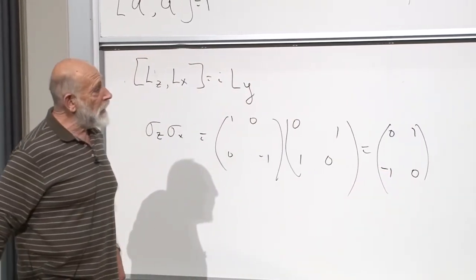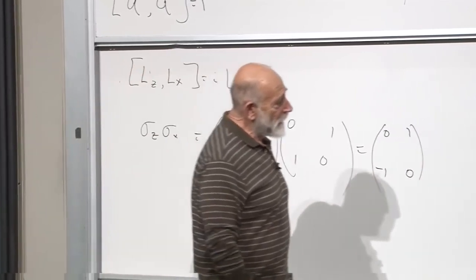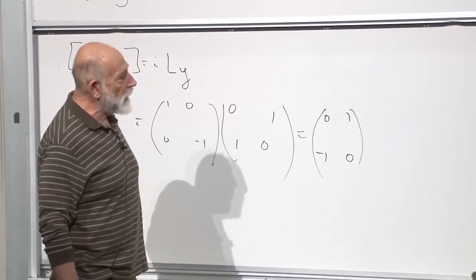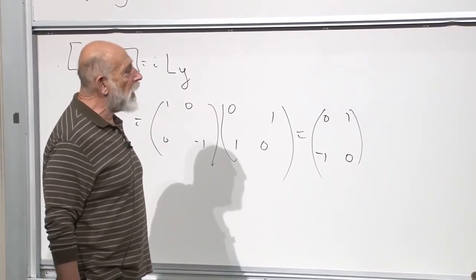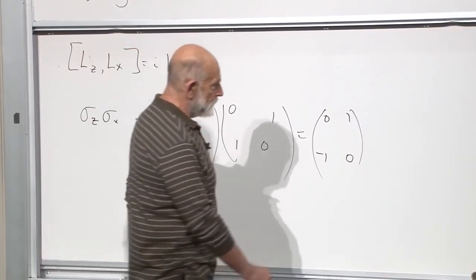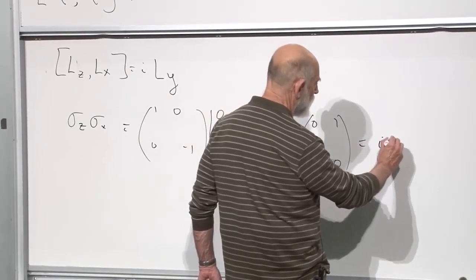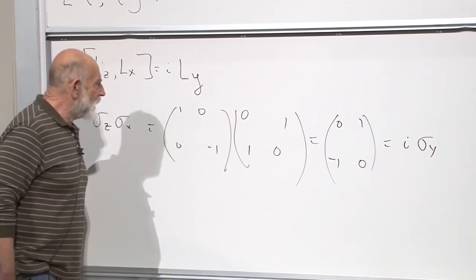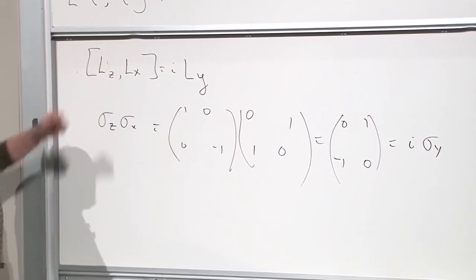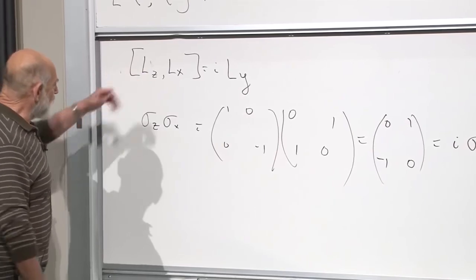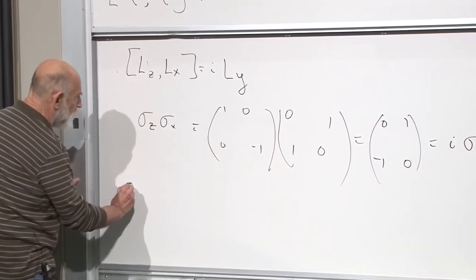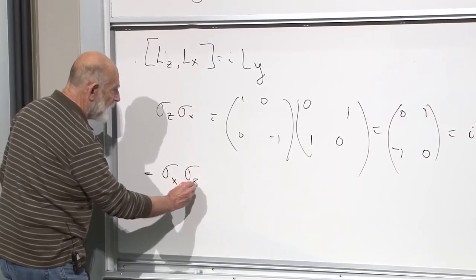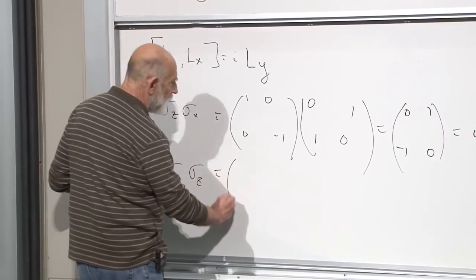That's not quite sigma y, but it's almost sigma y. I think it's i times sigma y. Now, that's nice, but it's not the commutator. The commutator is this minus sigma x sigma z. That's the commutator.